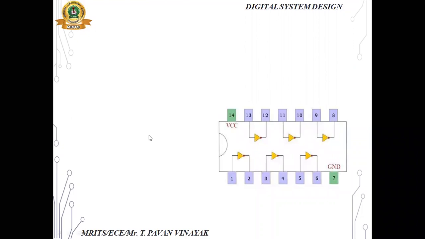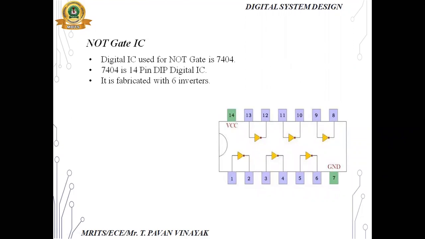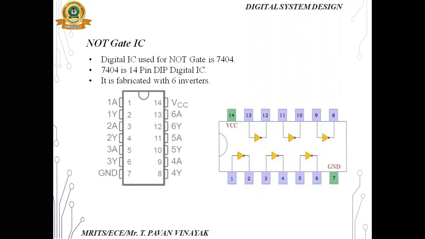Internal structure and IC: it is also a 14-pin IC. The IC number is 7404. So 1 to 7, 8 to 14. It consists of 6 inverters, which means a single IC can contain 6 NOT gates. 1 is input, 2 output. 3 input, 4 output. 5 input, 6 output.